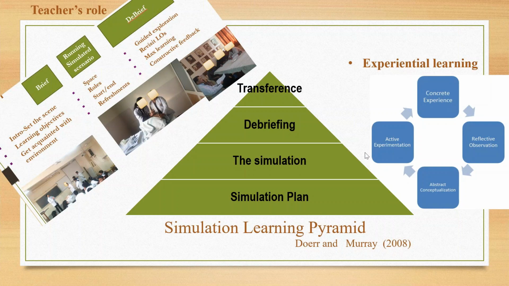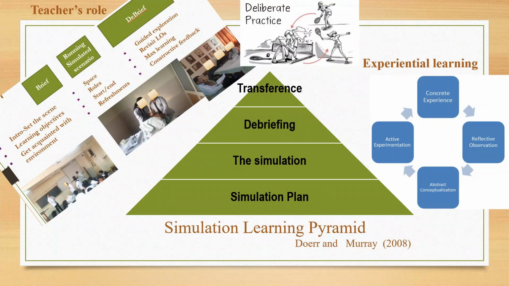So this keeps on building up. And this is a very common model used as the deliberate practice model in various sports activities, where they set the goals, keep on raising them. Accordingly, practice keeps on developing, repetitive practice, and then they try to achieve that. So both Kolb's experiential learning theory and the deliberate practice model are used for simulations in healthcare too.